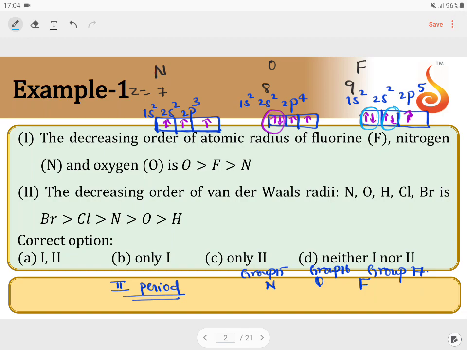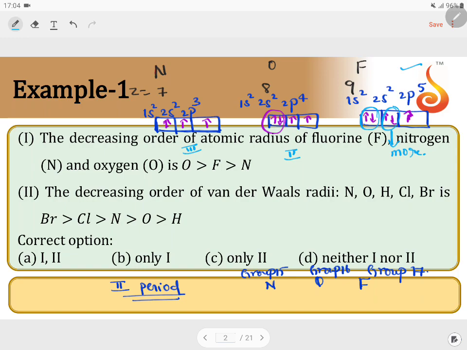Now, why are we considering the pairing up of the electrons? When there is a pairing between the electrons, repulsion will be more. That is known as inter-electronic repulsion. If that is the case, we expect more repulsion for fluorine first, then second one is for oxygen, and the least one is for nitrogen.